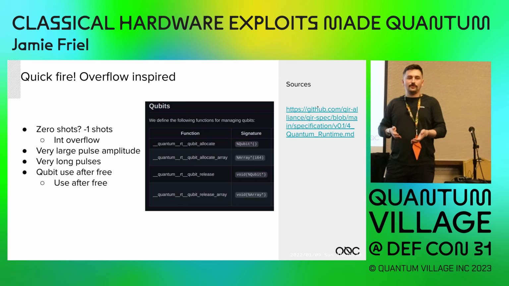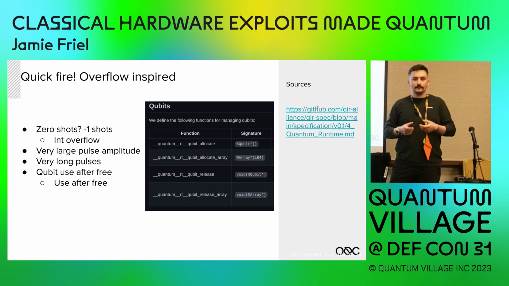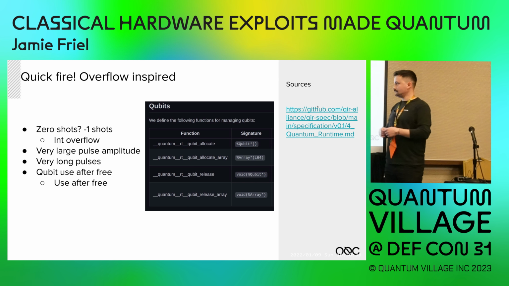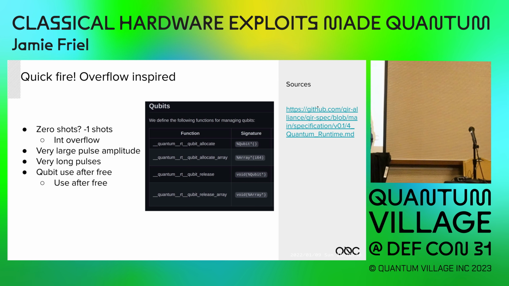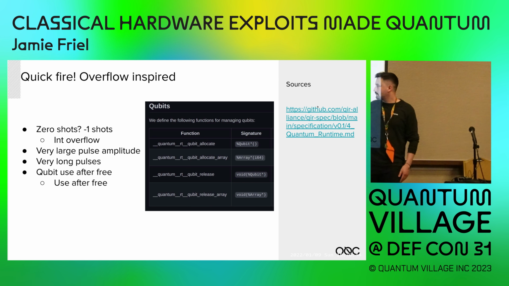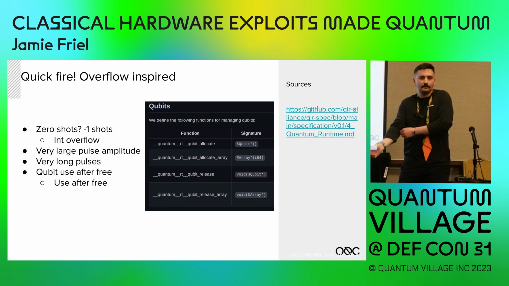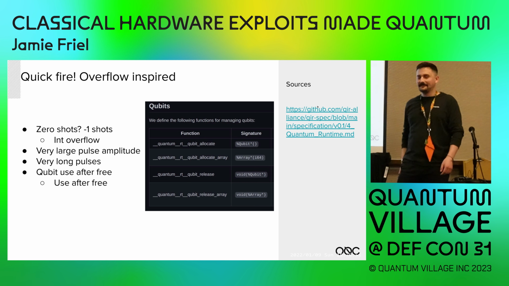You can parse them with CUDA to do some GPU acceleration, and you can also throw in that quantum element. The CUDA Quantum project from NVIDIA is doing precisely this. But what have we got here? We've got an allocation and a release. That's use after free. This is a problem classically, and we're rediscovering it.